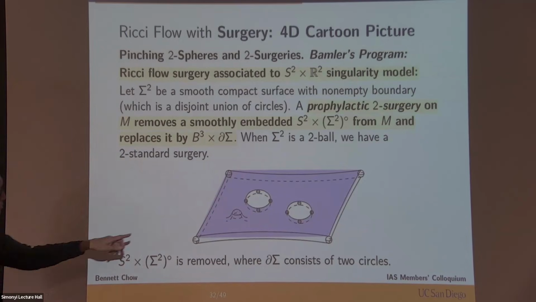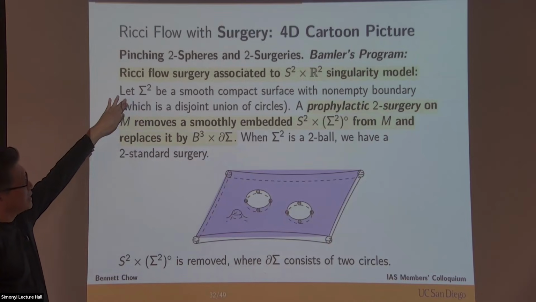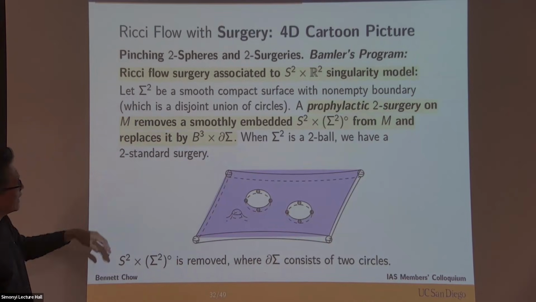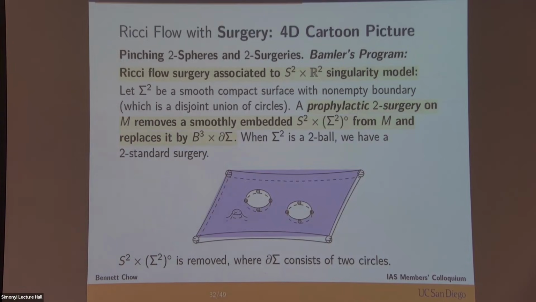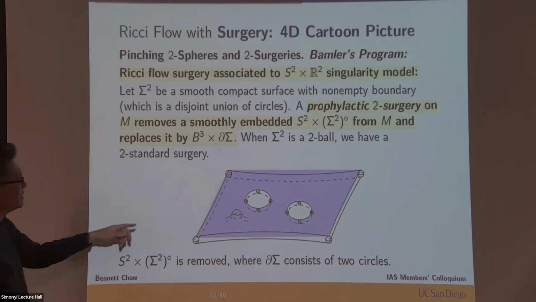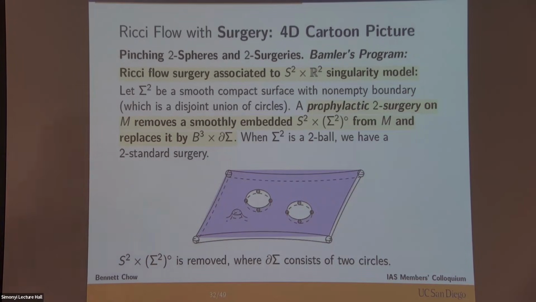This piece will be sigma 2, so it might not be connected. Then cross with S2, you remove that. And then just like a two surgery, you replace it by something which has the same boundary. So the boundary is S2 cross the boundary of sigma, and you glue that in. So the question is, can you do this reasonably in a geometric sense?